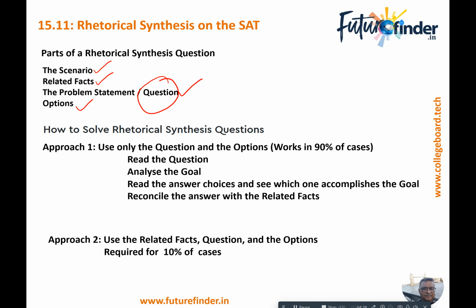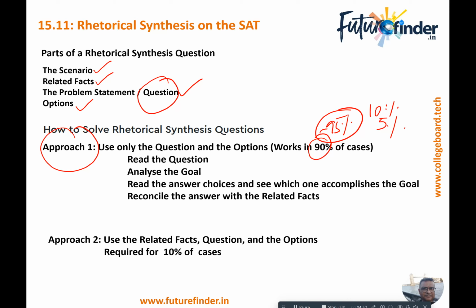So how to solve them? The first approach, approach 1, is the most straightforward and would work for about 90 to 95% of the cases on the SAT. Only in 5 to 10% of cases will you actually need to use approach 2. Let's first understand the two approaches.